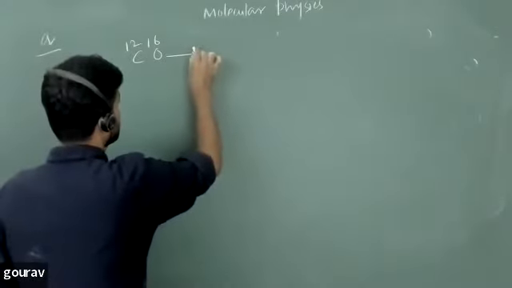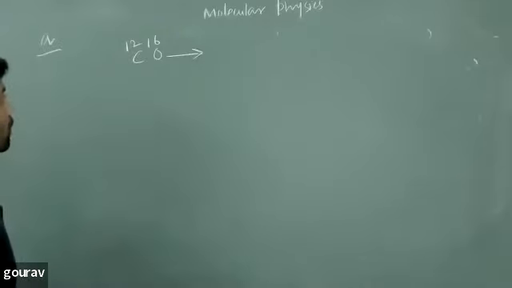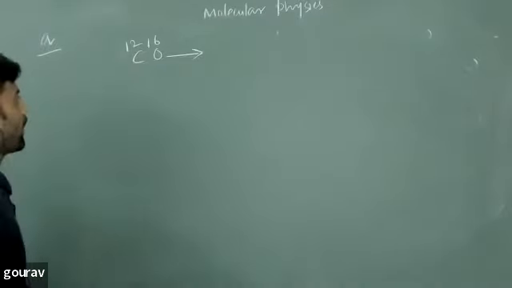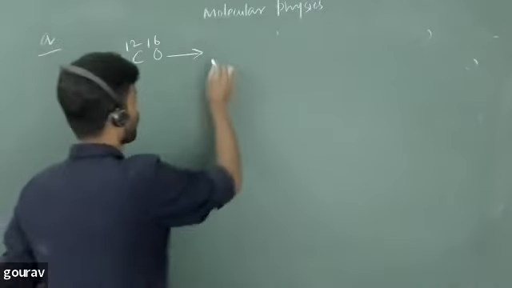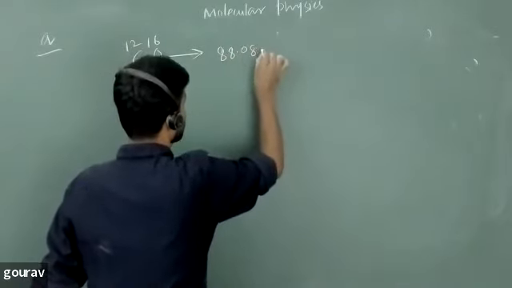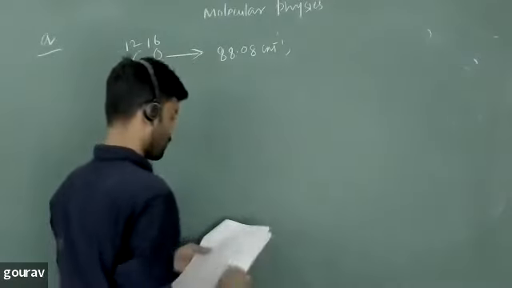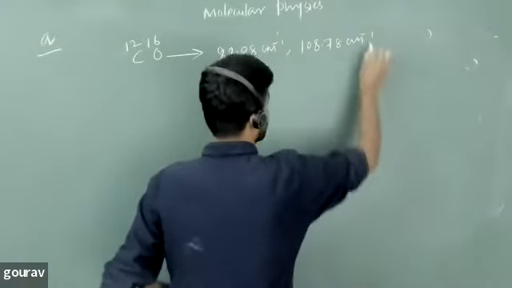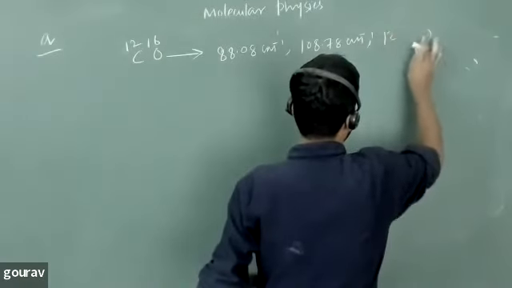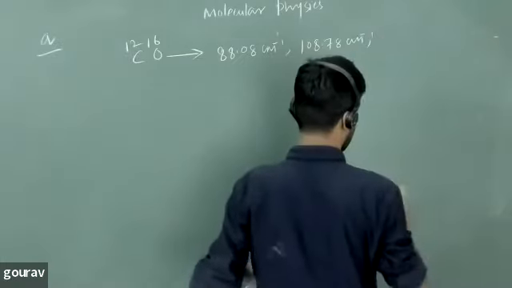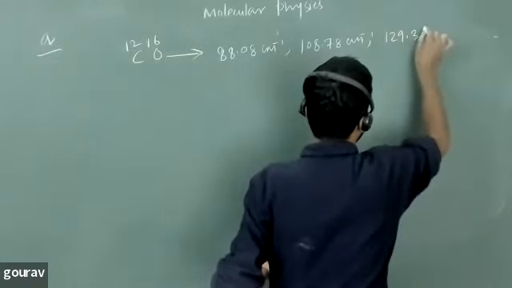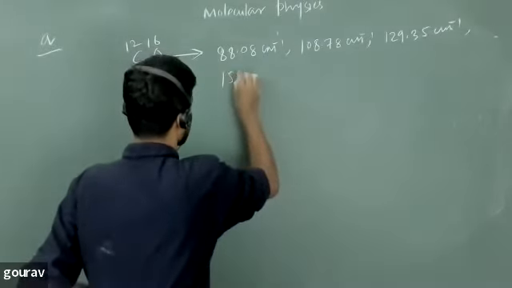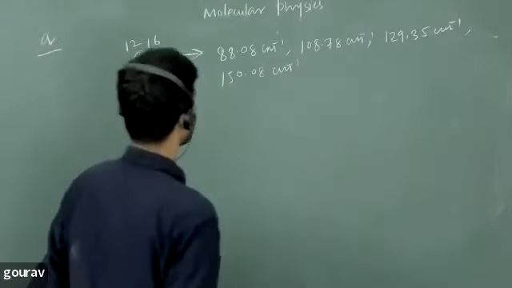It shows pure rotational spectrum, and first 4 lines of the rotational spectrum are observed at 88.08 centimeter inverse, then 108.78 centimeter inverse, then 129.35 centimeter inverse, and the last is at 150.08 centimeter inverse. So first 4 lines observed.